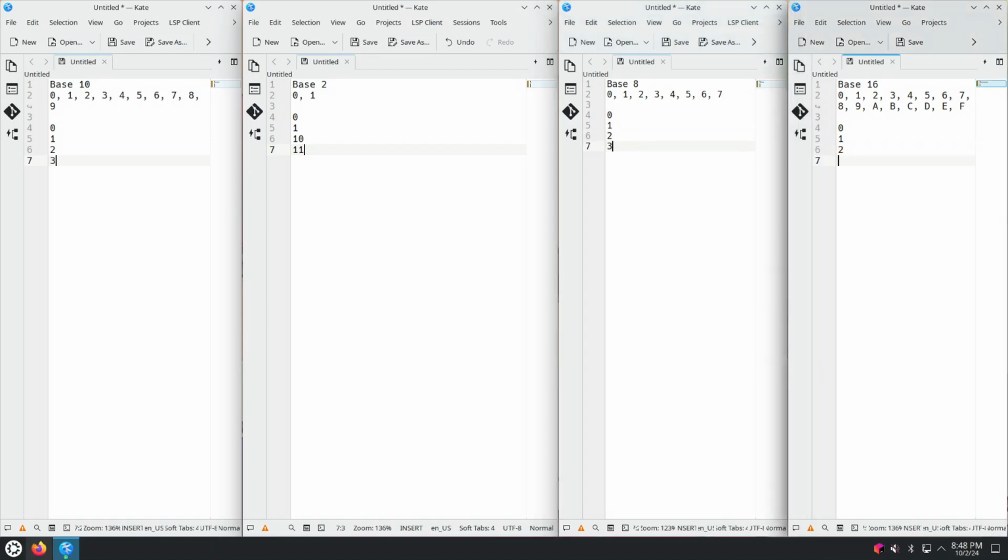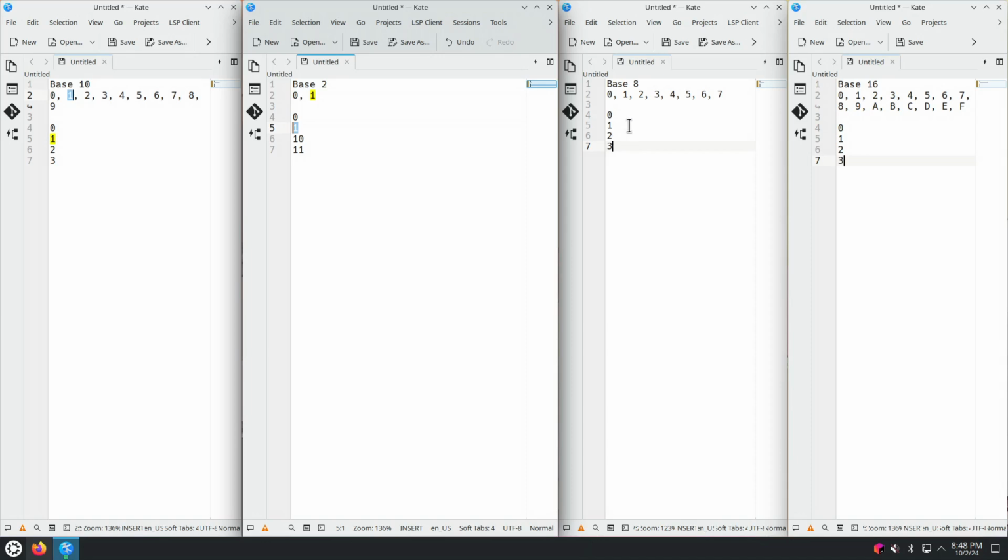Same for base 16. So what we can see is that as long as we have one digit that represents that number of objects, we totally use that in any base. So for 1, we could use it even in base 2 because there was a digit 1.